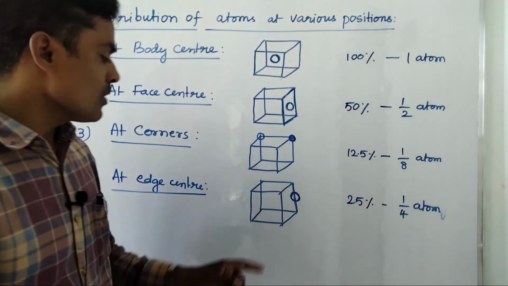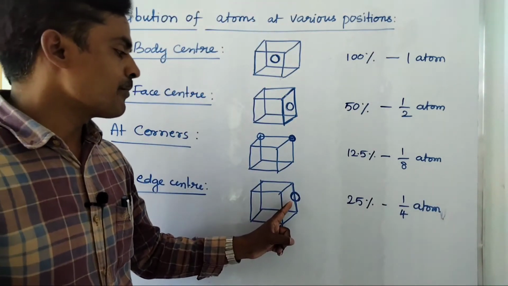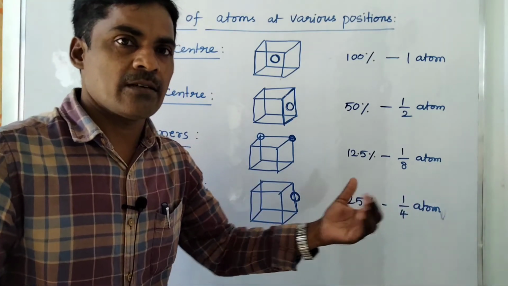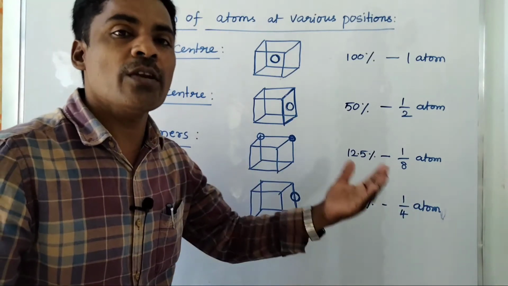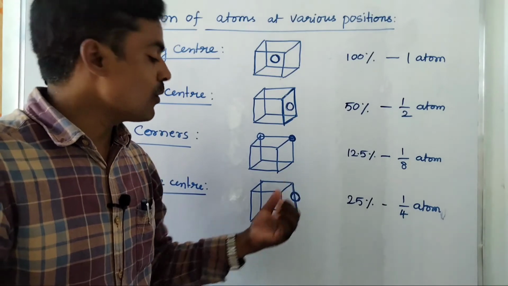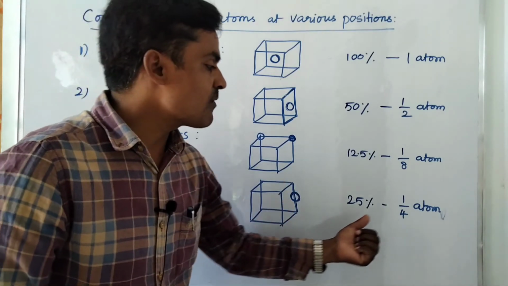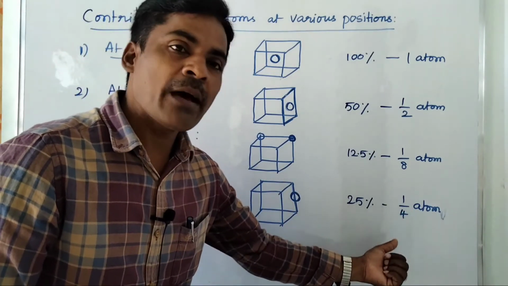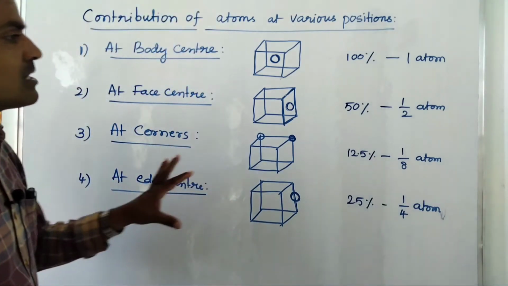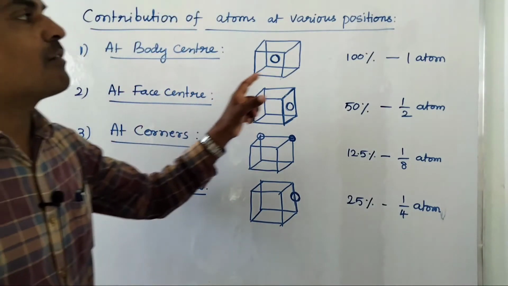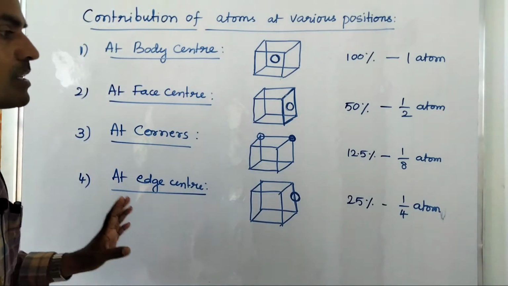So the edge center atom is shared with 4 unit cells, and its contribution per unit cell is 1 by 4.